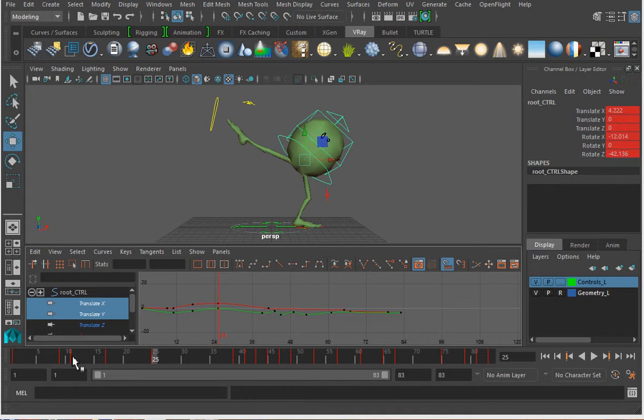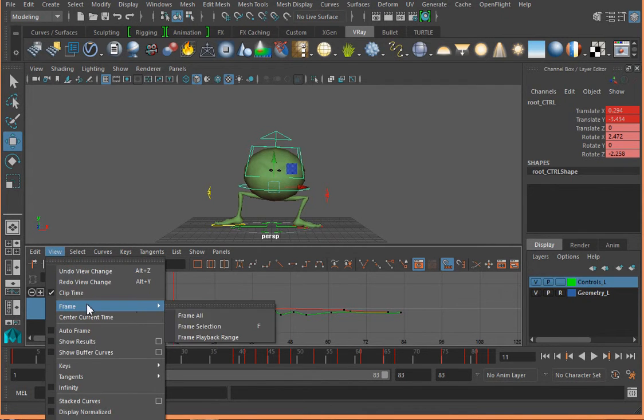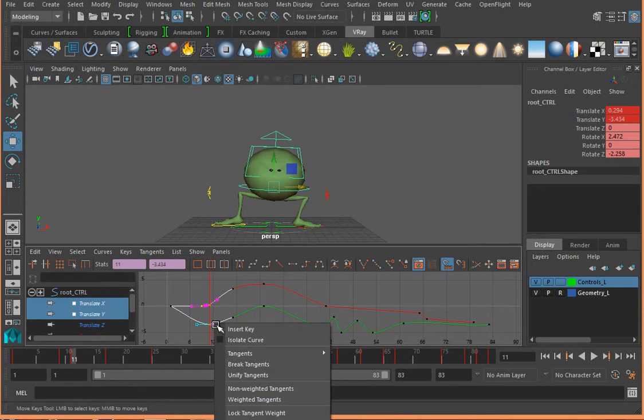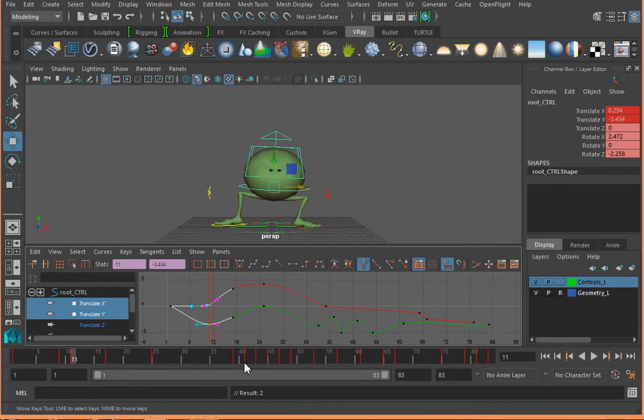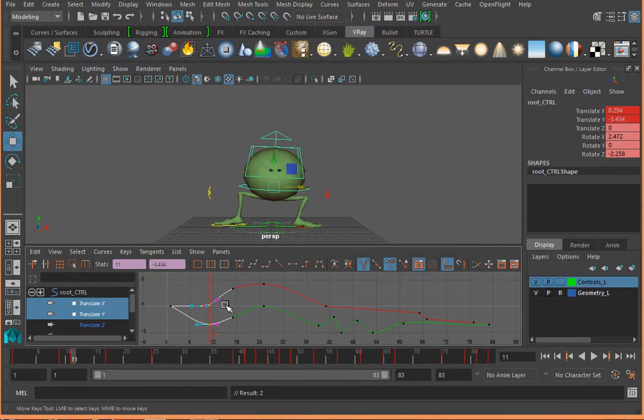Sometimes it won't be as obvious, but I'm going to determine, okay, I want my keyframe to jump out at that point. So I'm going to make sure, and there's been some primary editing here, which is great. Just going to make sure all my tangents are broken, weighted, so I have the optimal opportunities here.